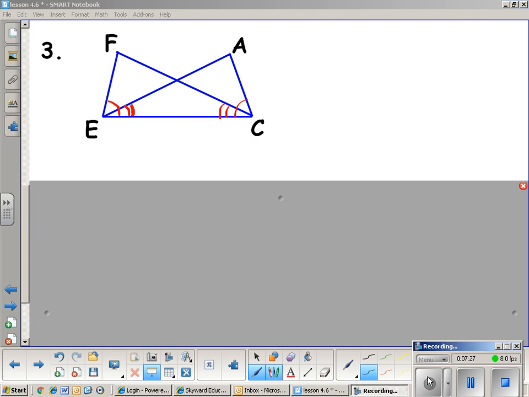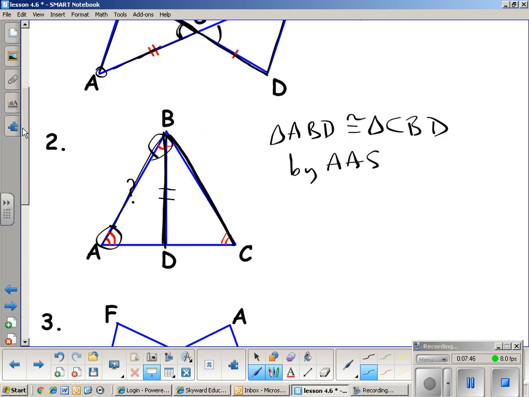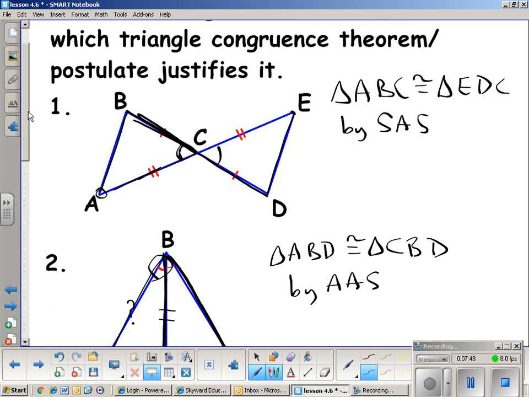All right, so again, we're going to identify the triangles that are congruent. This is one of those pictures where things are overlapping, right? They aren't just next to each other like they were here or here. They're actually overlapped.